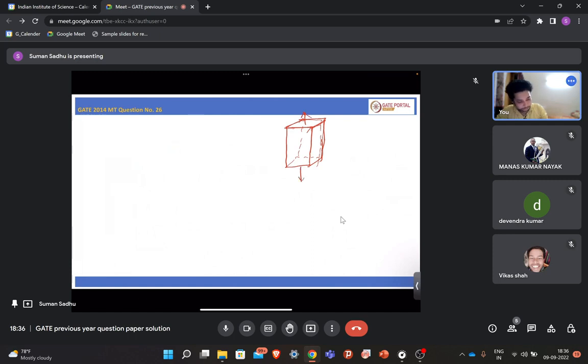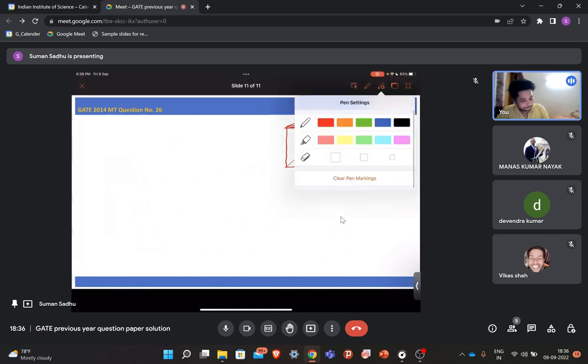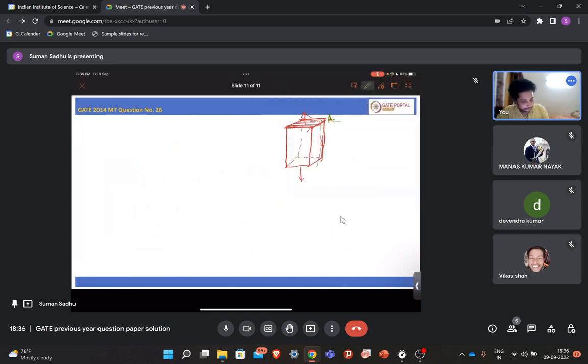So we say that this area is A, the total area, that is A_C. Now we have composite here. If you see this cross section, the fibers will be oriented like this. So these are the fibers. If you visualize it in three dimensions, this will be the fiber. So the fiber will also have some area. So the total area of the fiber is A_F, and the area of the matrix is A_M.